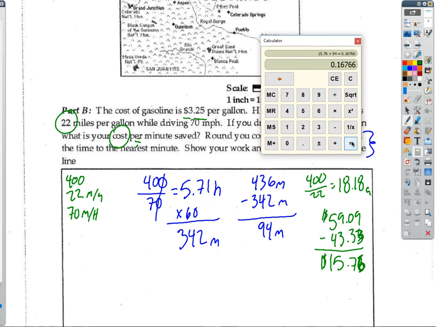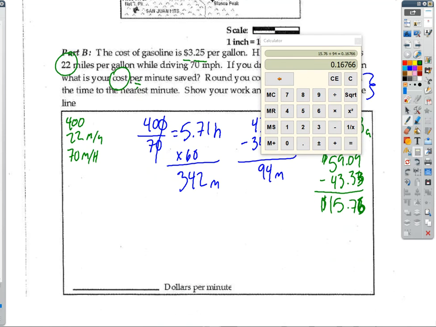And so that means I am spending an extra 17 cents for every minute that I save. Now, let me ask you, is 17 cents per extra minute in your day worthwhile? I'd probably say yes. Let's go. Who cares about the speed limit? That's what I say. All right.